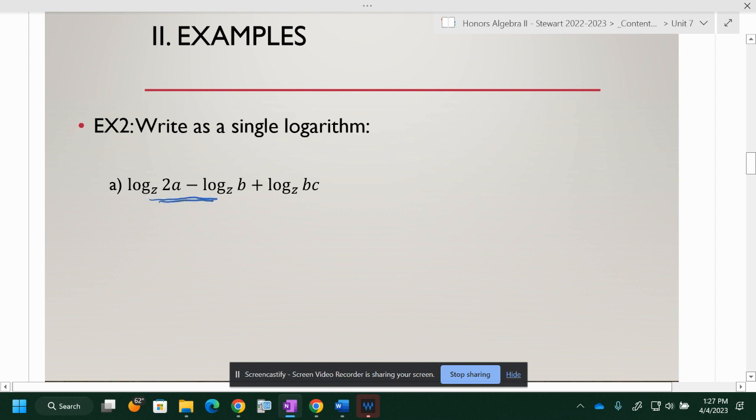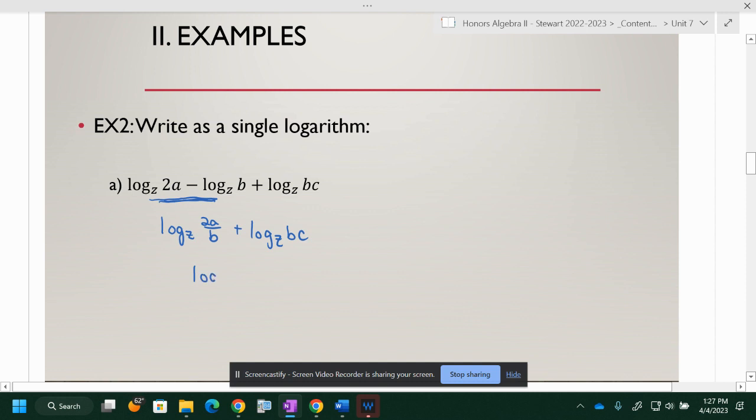Subtraction, following PEMDAS, there's no parentheses, so we'll do it from left to right. Subtraction means division. So this is going to break down into log base z of 2a over b. I'm going to do this in two parts. Some of you might be able to do it in one later. This then means multiplication.